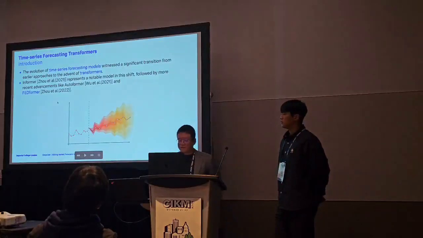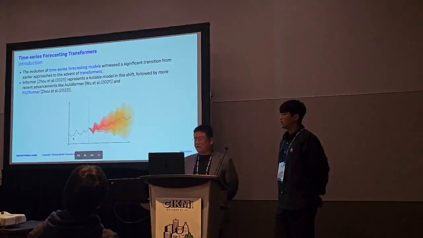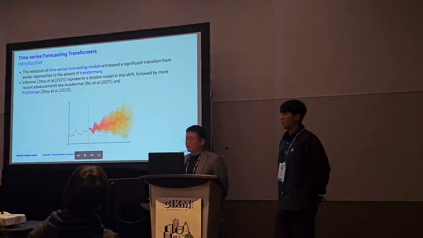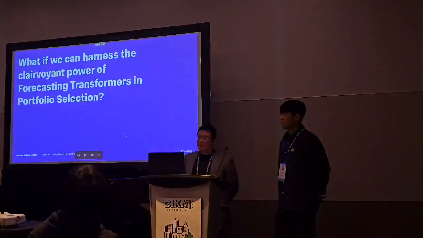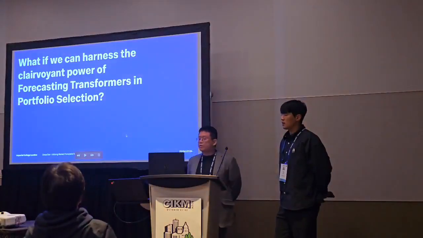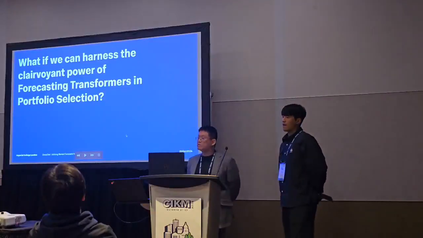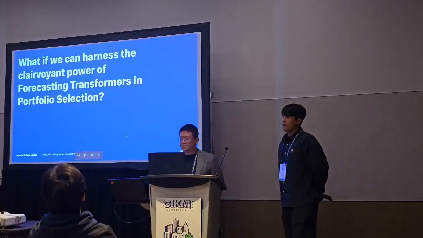The task is, using the previous historical prices, predicting the future price would be the problem. So the following question would be, what if we can harness the clairvoyant power of forecasting transformers in portfolio selection?